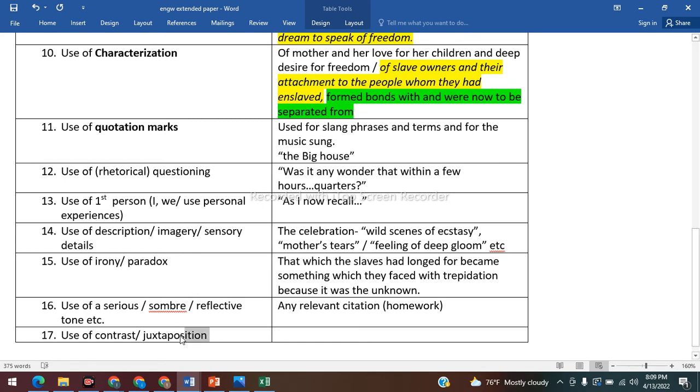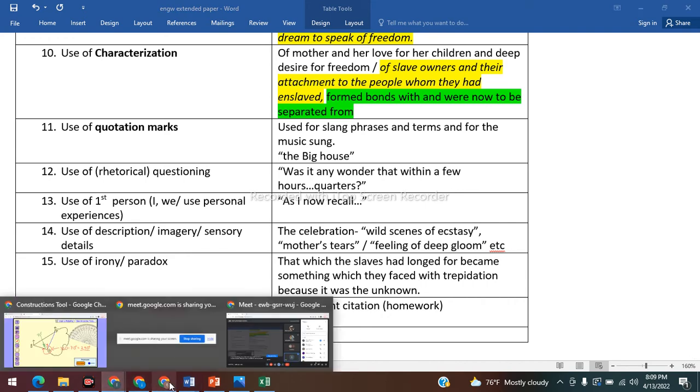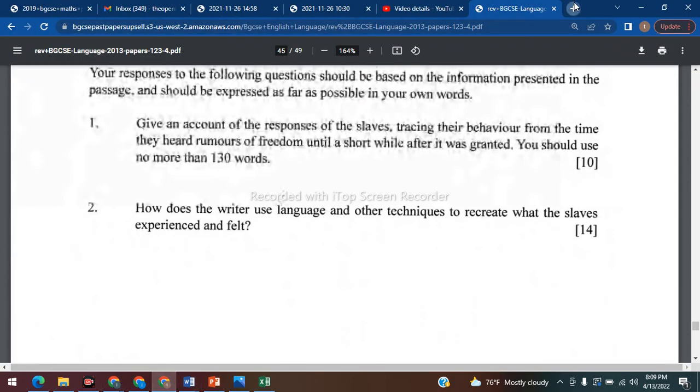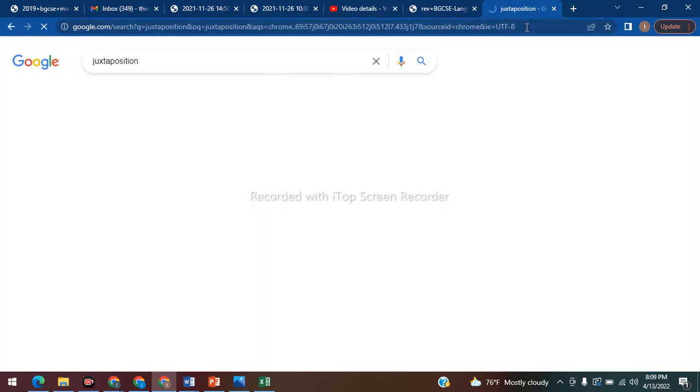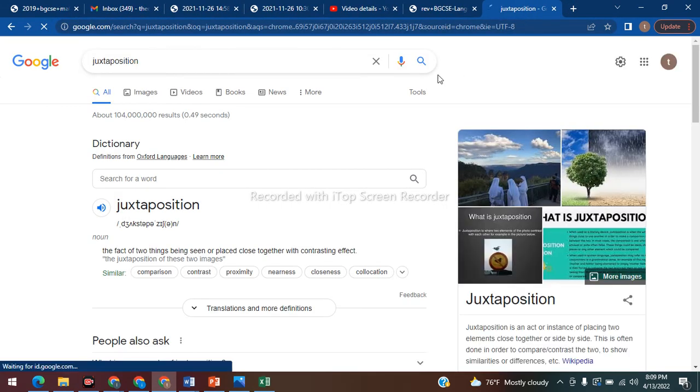So when we are contrasting two things, let me just show you the dictionary definition of juxtaposition. Basically, it's when you place two things side by side to show how different they are. The formal definition: the fact of two things being seen or placed close together with a contrasting effect.